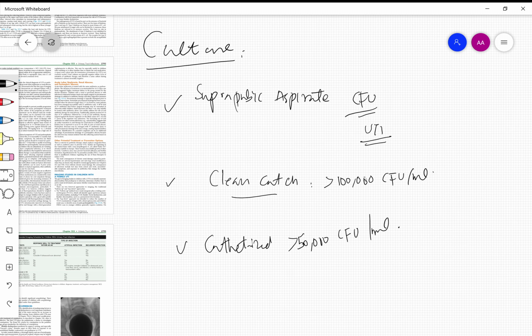So the order is: any number in a suprapubic aspirate, then a catheterized sample greater than 50,000 units, and in a clean catch midstream urine, 100,000 colony forming units per ml. These are the definitions of culture-proven UTI.